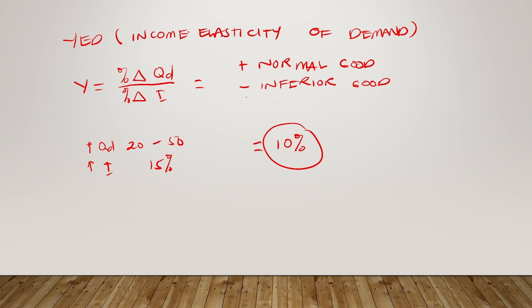Then YED, or income elasticity of demand: again, it's a normal good if the answer is positive. For example, if it will be a negative 20% change in QD over a 10% change in income, as you can see, it's negative, so dividing a negative by a positive will surely be negative. But if it's negative 20 over negative 30, a decrease in income, the answer is positive.